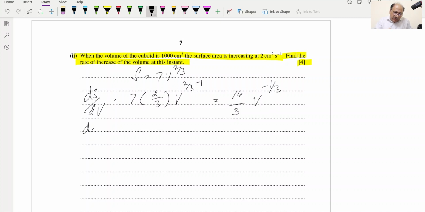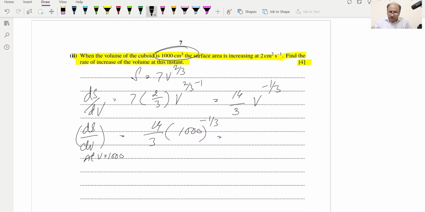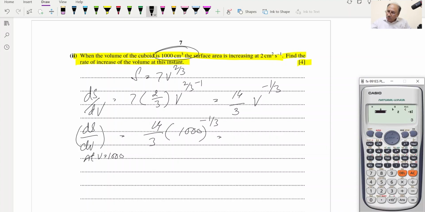Now ds by dv at v equal to 1000 we will be checking, and this will be equal to 14 over 3 into 1000 raised to minus 1 by 3. We can use a calculator to solve this, and this is equal to 7 over 15.